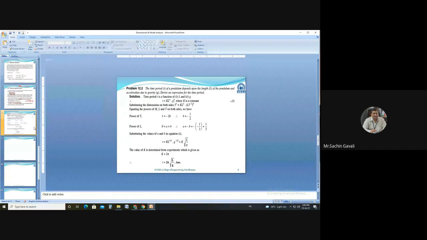Okay. Now one example we will take. One example is there. Time period T. Shall we continue? Or whether you have written all things? Shall I continue further numerical?